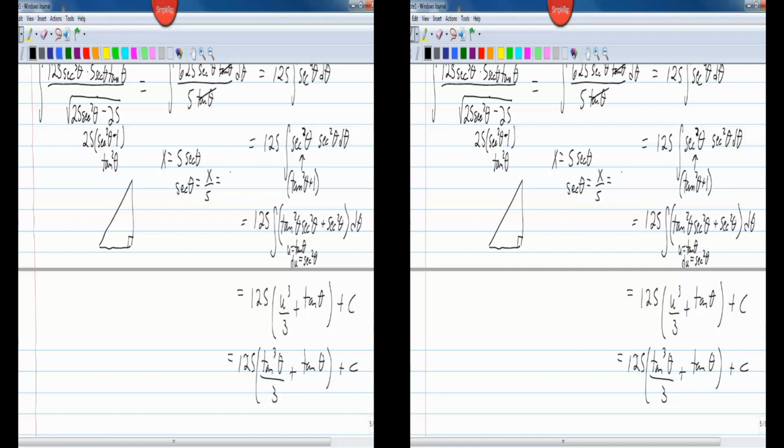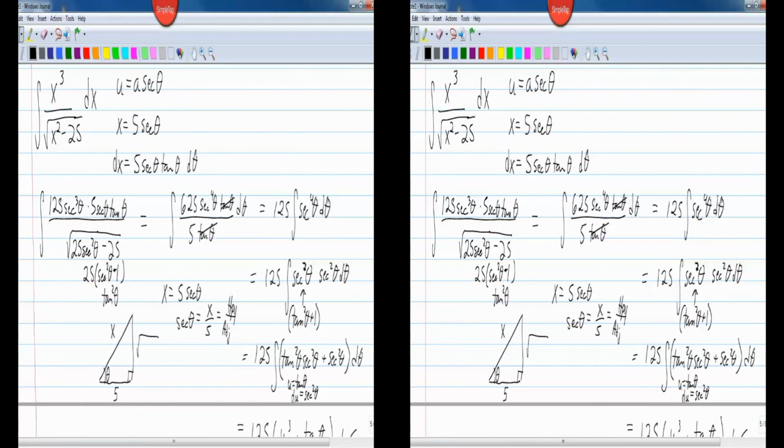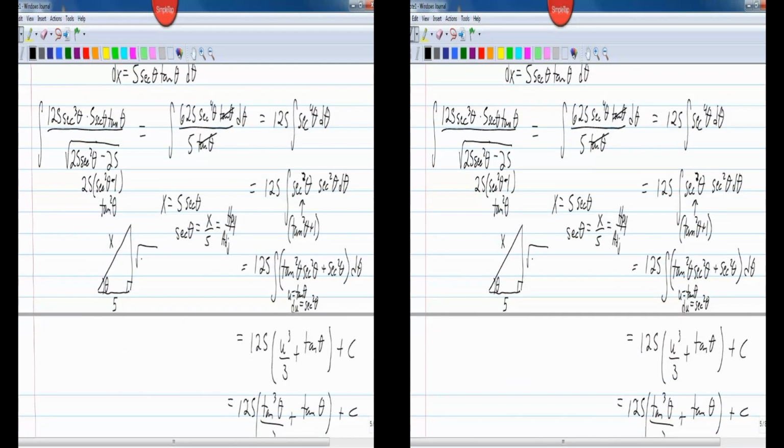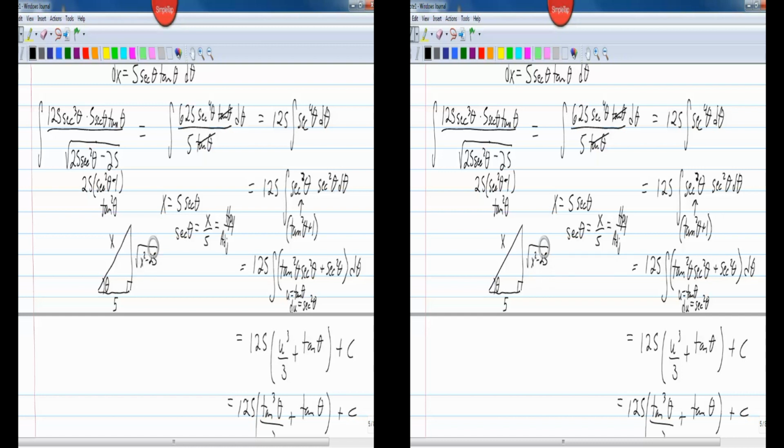Cosine is adjacent over hypotenuse, so this is hypotenuse over adjacent. So the hypotenuse is x, the adjacent side, well, let's make it to this angle. The hypotenuse is x, the adjacent side down here is 5. This side over here is the square root of, you guessed it, what I had in the original, x squared minus 25. If you don't believe me, again, make this some variable and solve for it using the Pythagorean theorem, and that's what you'll get.